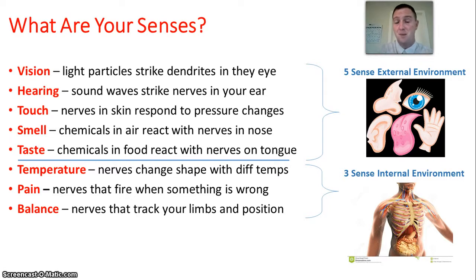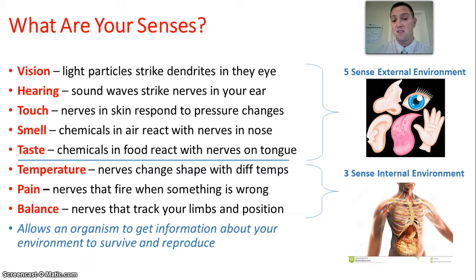You don't look at your feet when you walk, but you know they're there, and you know where your next step is. This allows an organism to get information about their environment. Why? So they can survive and hopefully someday reproduce.